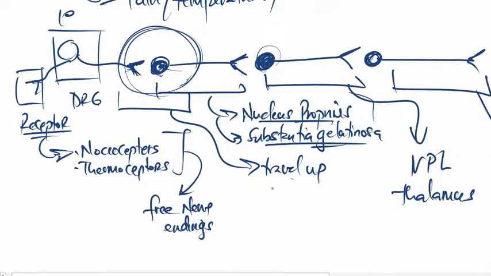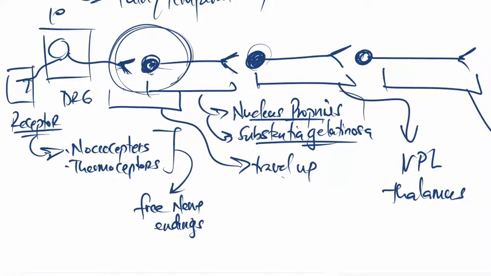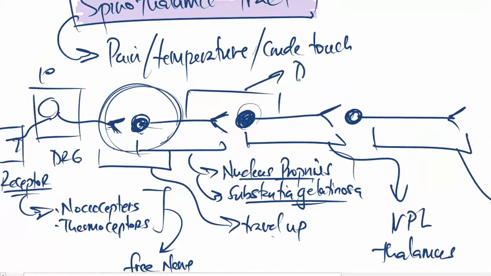And once it travels up 1 or 2 levels, it can synapse onto the neuron in the nucleus proprius or the substantia gelatinosa, right? Once it synapses onto that neuron, it's going to cross over. So at this point here, we're going to get a decussation, right?